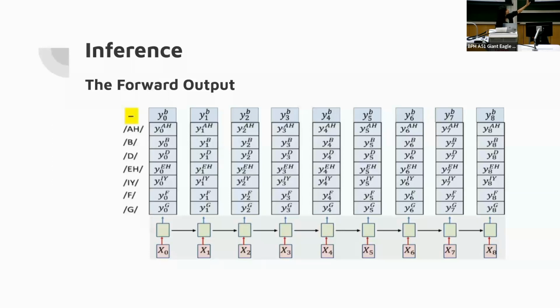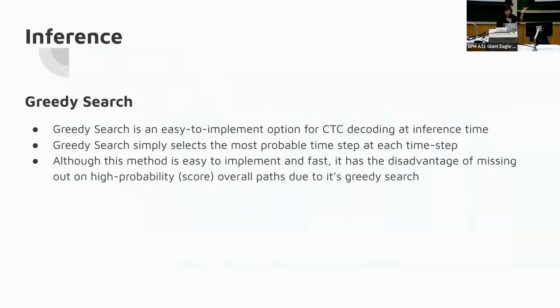The first and foremost thing you can think of is greedy search, wherein at each timestamp you just select the most probable character. But again, there's the problem that you can't be sure the overall sequence is maximum if each character is maximum. So we have another solution, but I guess we'll cover it later.